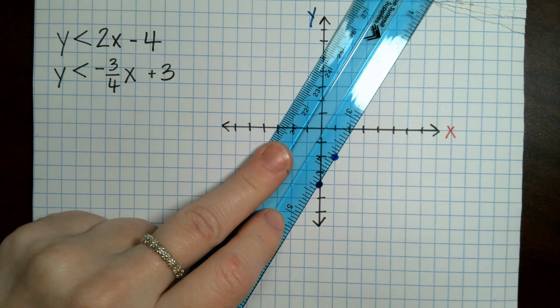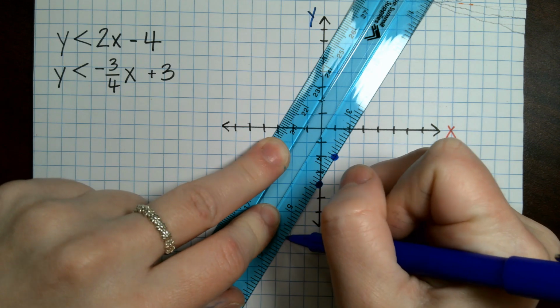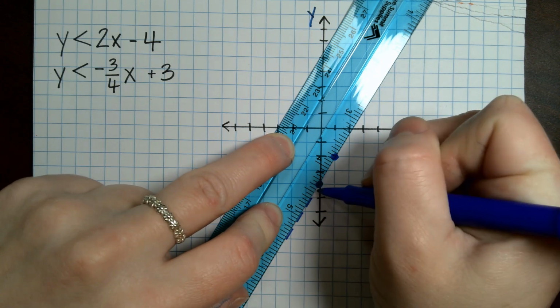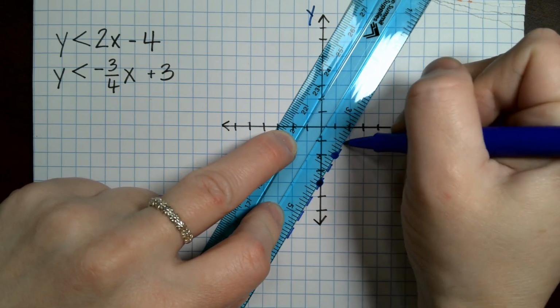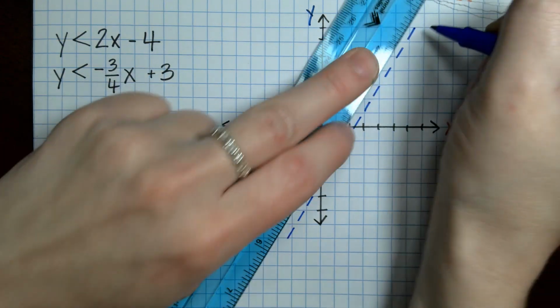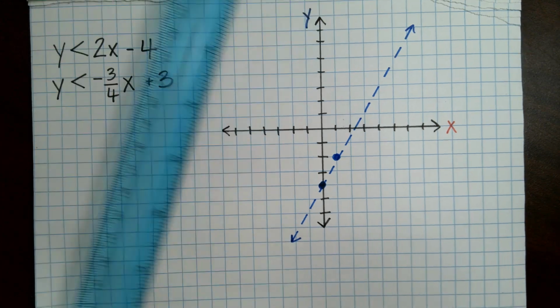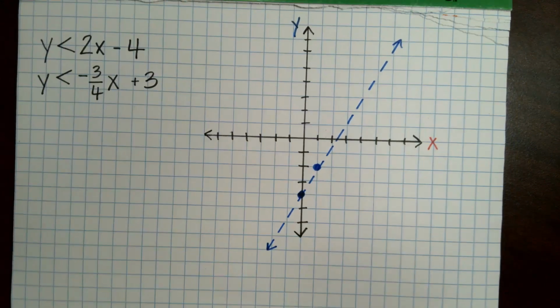We make it dotted to show that it's not equal to. It's just less or just greater. So we're going to make a nice dotted line here. And we'll wait on the shading until we get our next line drawn.